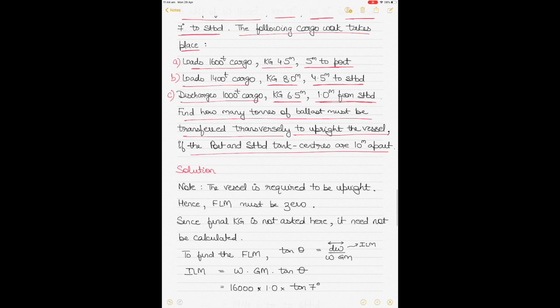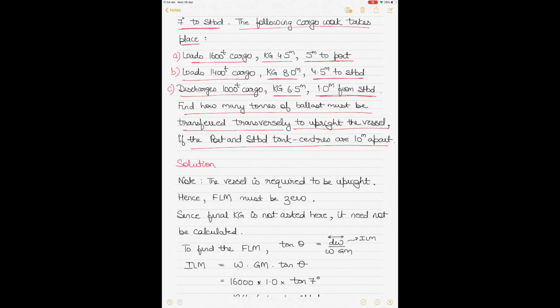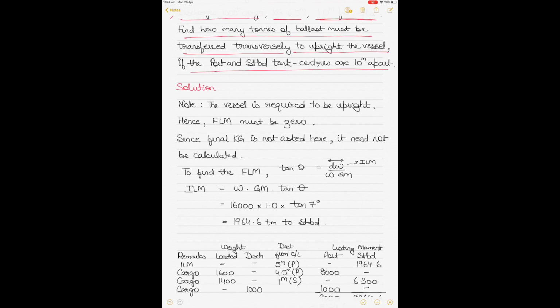So you have to again calculate the shift in the center of gravity due to these cargo operations, and then add to the original existing list of 7 degrees to starboard. Let's start with the solution here. Remember, the vessel is required to be upright, so your final listing moment must be 0. Since final KG is not asked here, it need not be calculated.